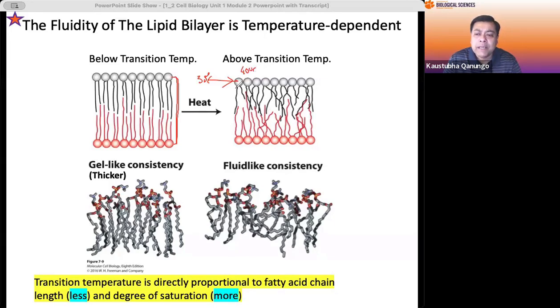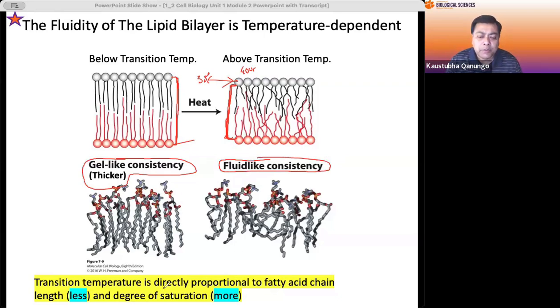All these fatty acid tails start vibrating, the random Brownian motion, the molecular vibration, and they pack against each other, and the thickness of the membrane is reduced. This is a much narrower membrane compared to that, because some of the fatty acid tails have gone into this space. This one has a thicker gel-like consistency, and here you have a fluid-like consistency.